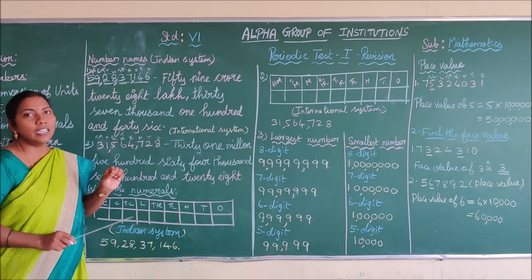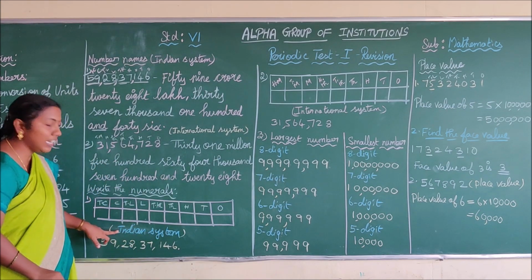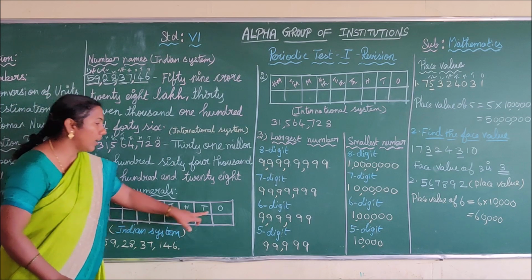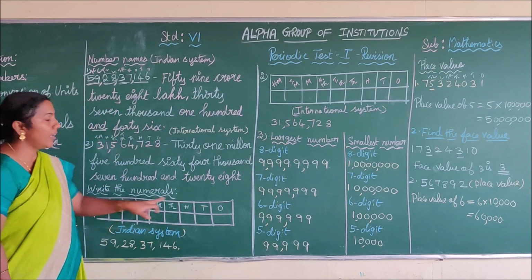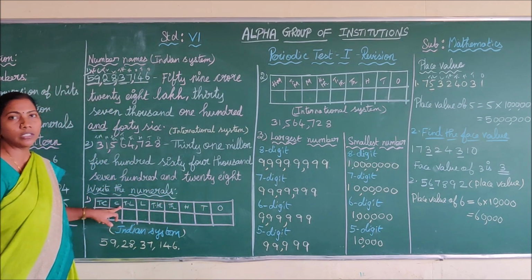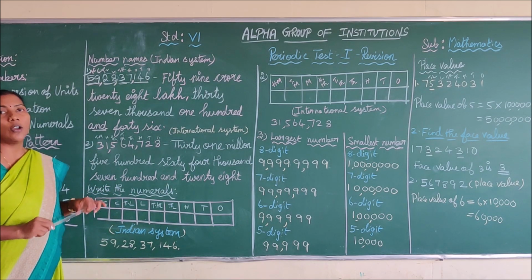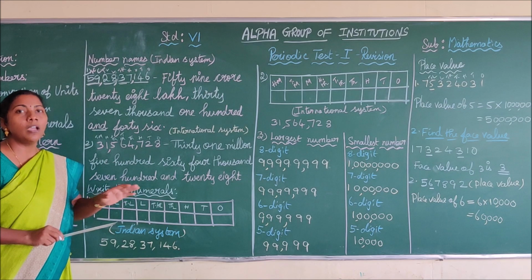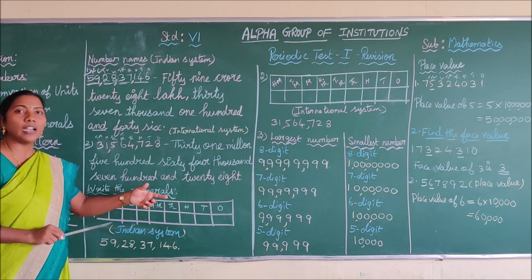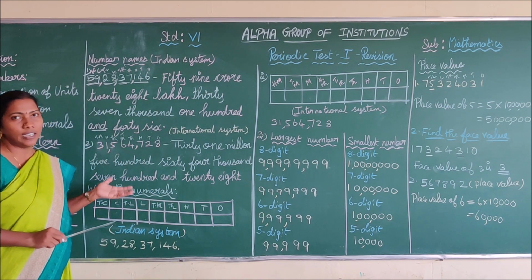If it is in the Indian system, write Indian system, draw the box like this and write the place values in the box. If the given number name is in the international system, write international system, draw the box like this and write the place values as in the international system.